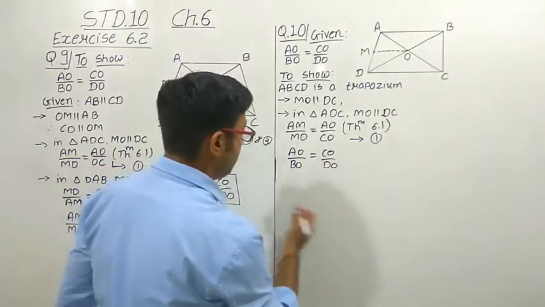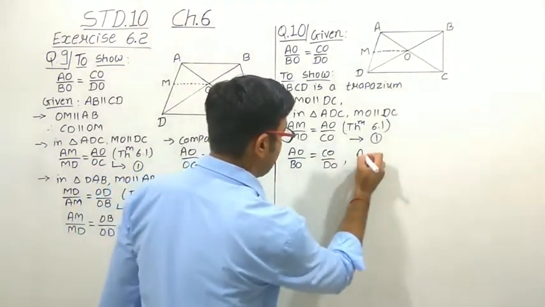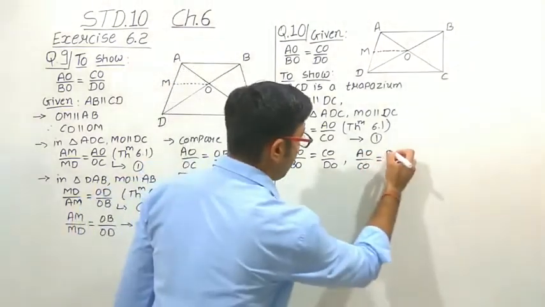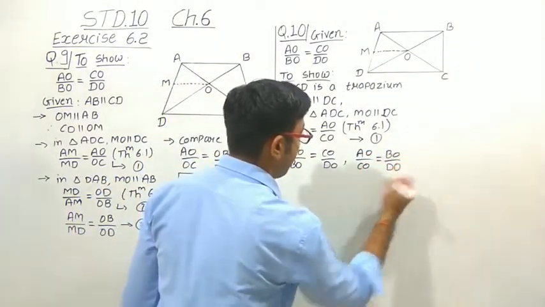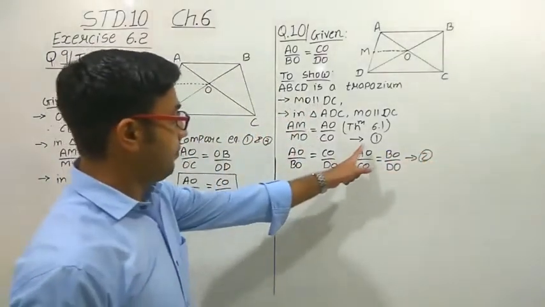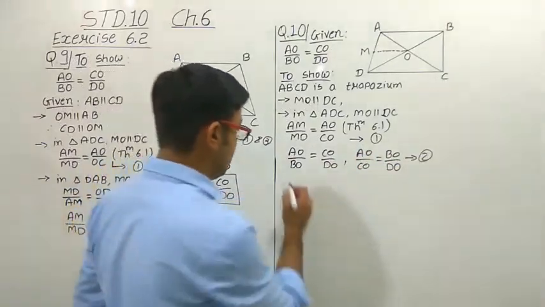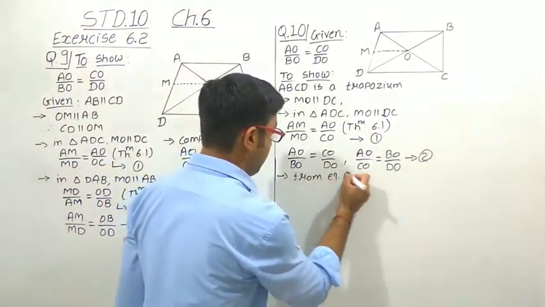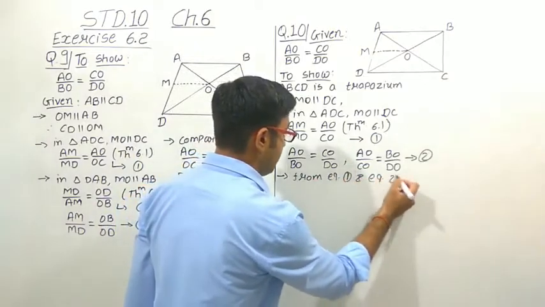By doing this, we get AO upon CO is equal to BO upon DO. Give it equation number 2. Now we can compare both equations, equation number 1 and equation number 2.